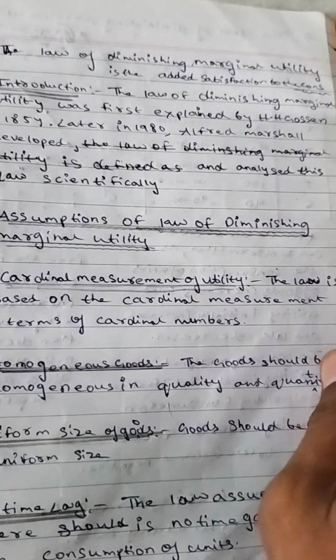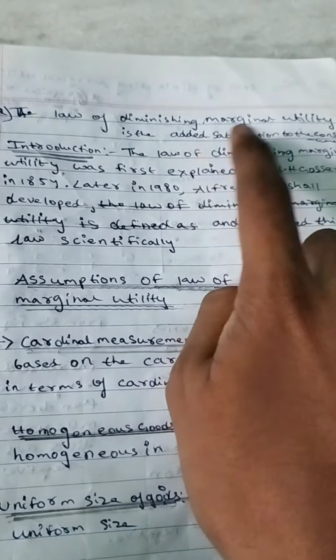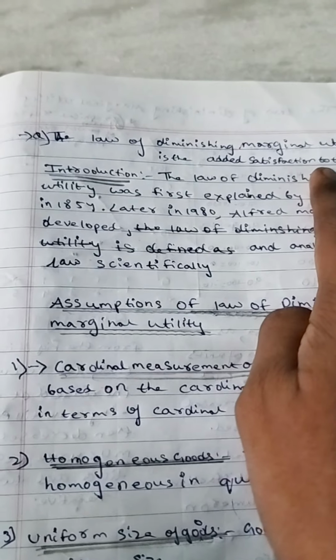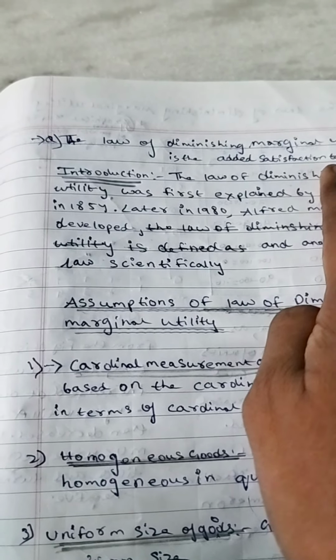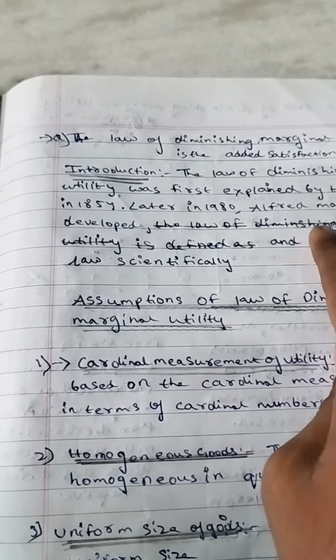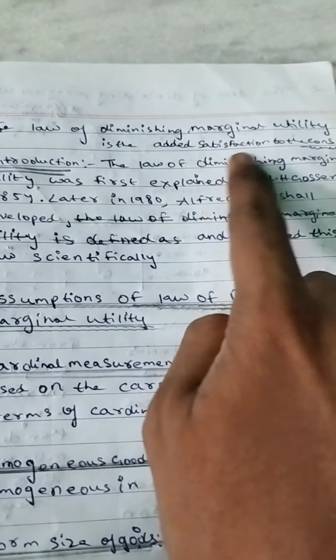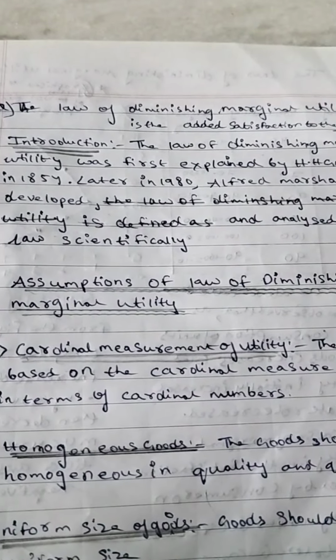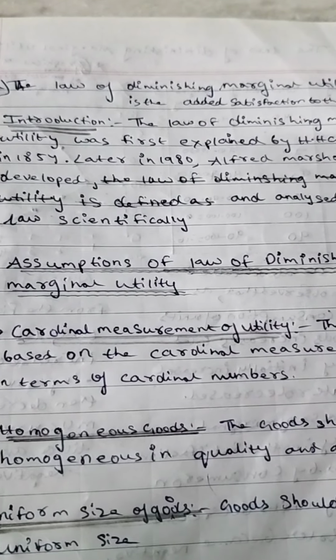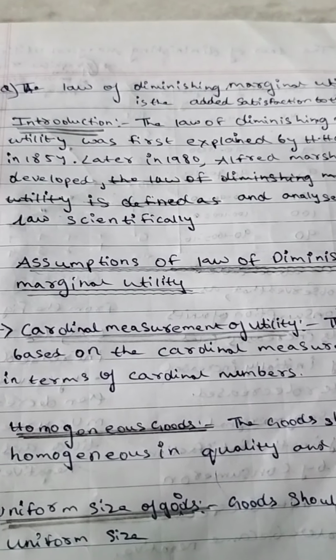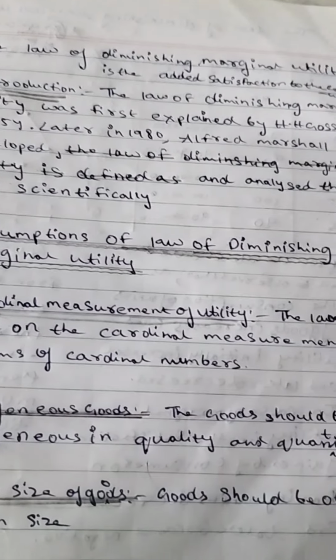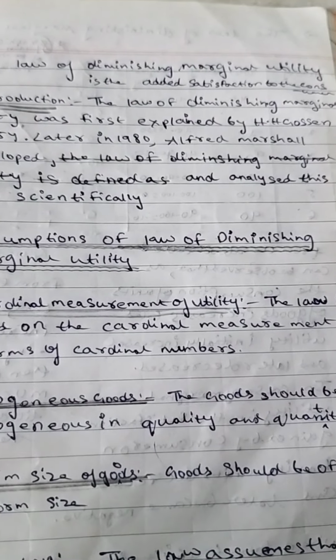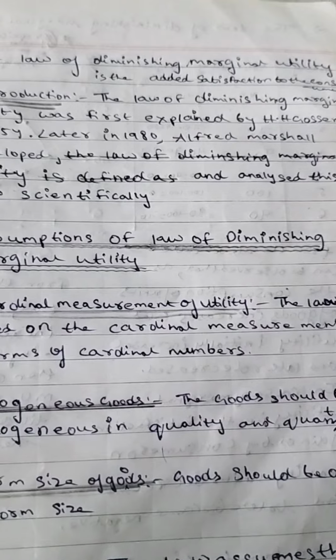In economics, the law of diminishing marginal utility states that the marginal utility of a good or a service declines as more of it is consumed by an individual.